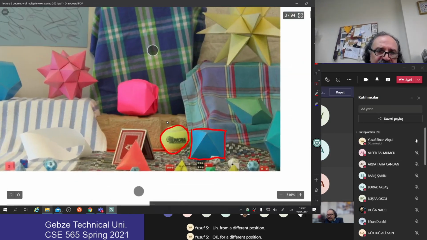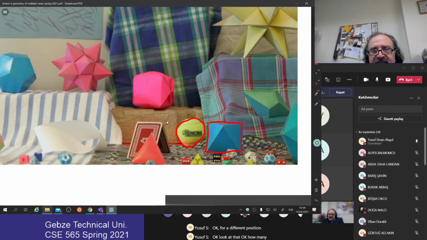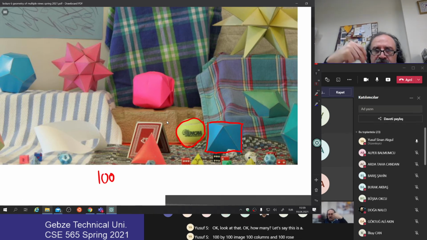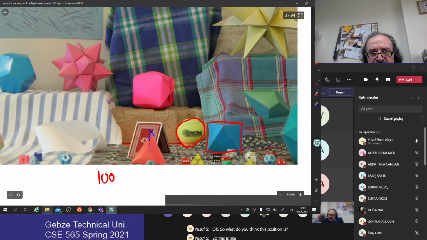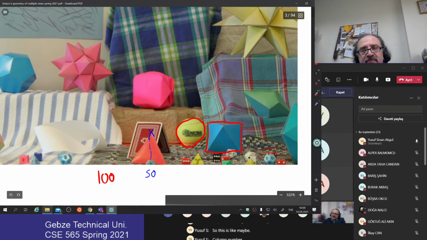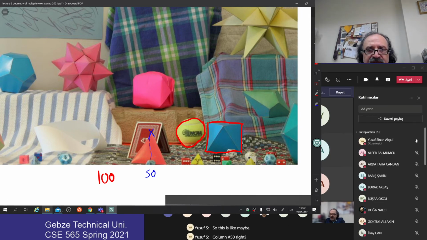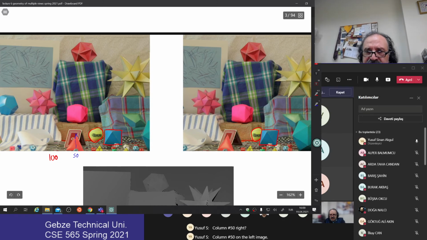Let's say this is a 100 by 100 image, 100 columns and 100 rows. So what do you think this position is? This is maybe column number 50 on the right image. Let's look at the same point on the left. Maybe this is column number 30. So there is a difference of 20 pixels from left to right.